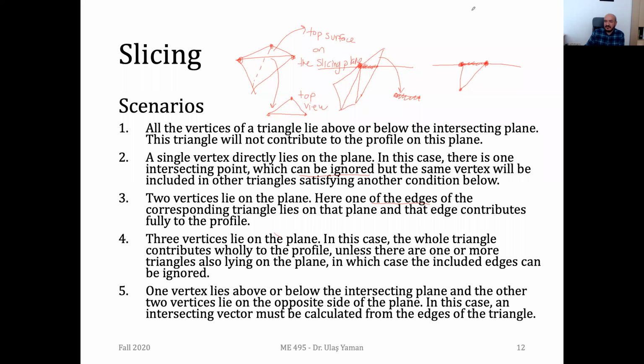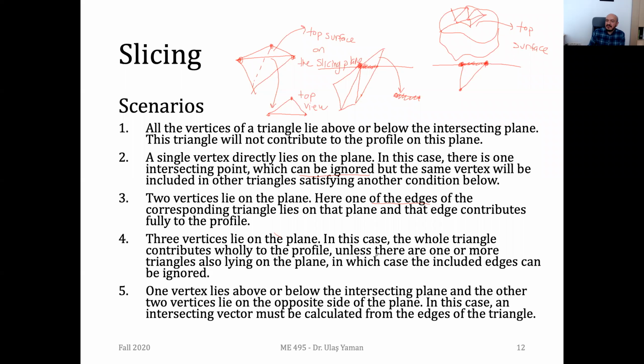Assume that you have a more complicated planar surface at the top. Assume that this is the top part of your 3D shape, the top surface. In that top surface, we will have numerous triangles, at the interior, on the sides. You'll have many of them.